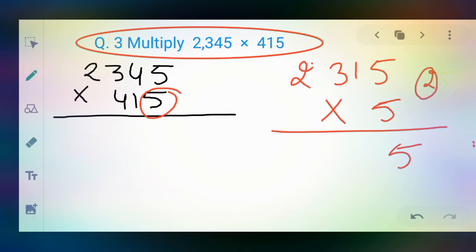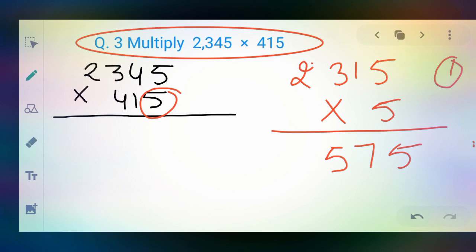Clear? Now 5 1s are 5, 5 plus 2, what you get? You get 7. Okay, now there is no carry. Clear? Now dear student, you multiply 3 and 5. So what you get? You will get 15, a carry. Clear?